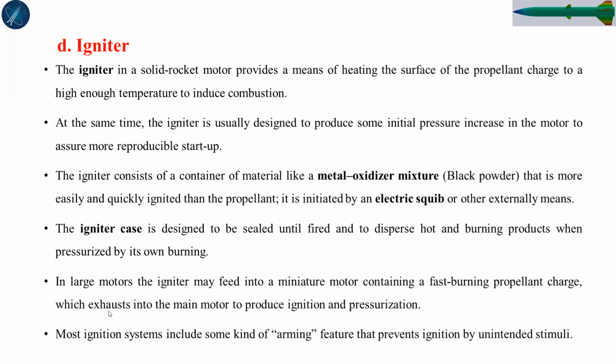That is the intention of the igniter. At the same time, the igniter is usually designed to produce some initial pressure increase in the motor to assure a more predictable startup.